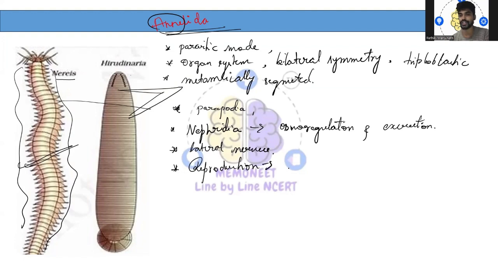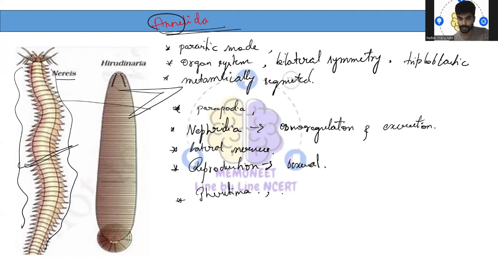So what about reproduction? It is a sexual mode of reproduction. Here also, as I told you, for some there are parasitic suckers present, and examples for them are Nereis, then earthworm, that is Pheretima.